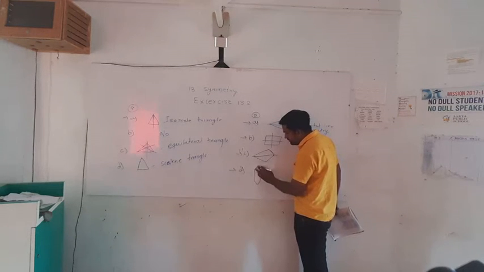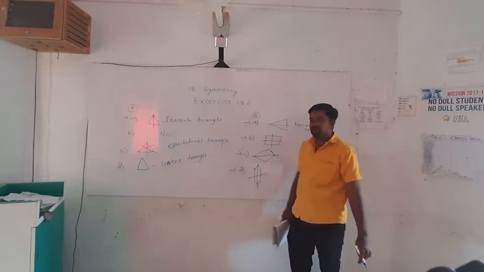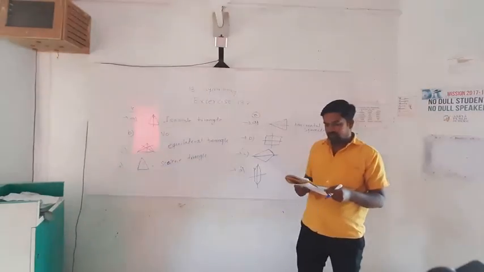Okay, here now it is possible to draw with only two lines of symmetry. This is the vertical line of symmetry and this is the horizontal line of symmetry.